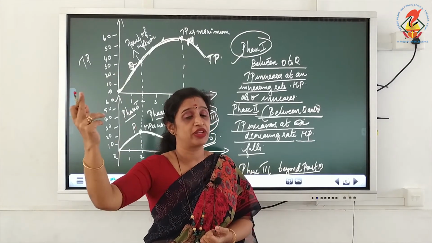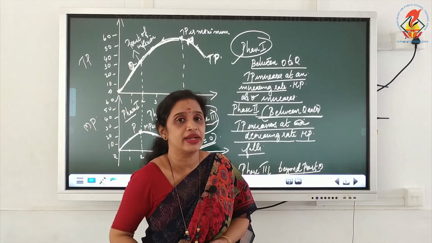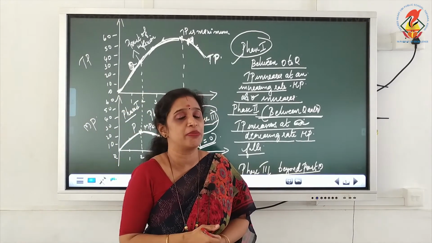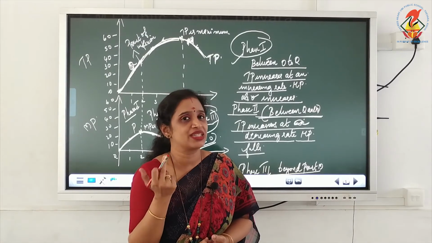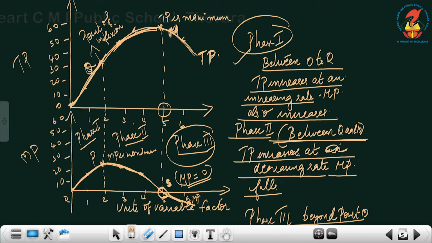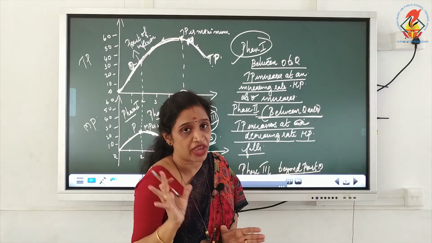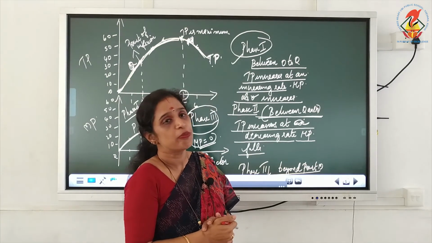From 2 to 5, when we are increasing the number of labor, what happens in the second stage? TP increases but at a decreasing rate. At that time, MP is falling. Then TP reaches the maximum at the fifth unit of labor, where MP is 0, which is marked as S. In the third phase, TP is falling and MP becomes negative. So these are the three phases of the law of variable proportion.